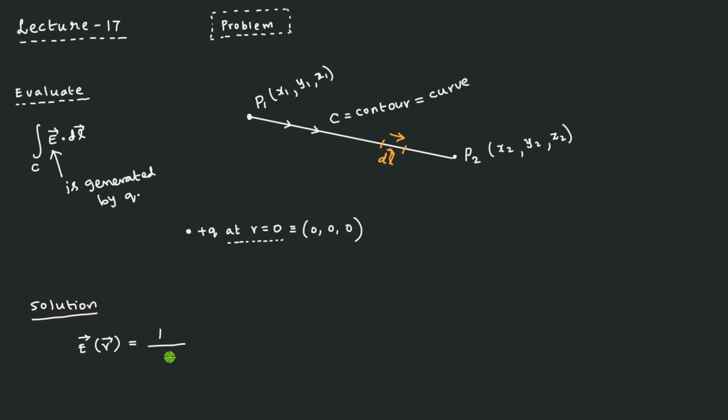If you have multiple charges, you may have to use the superposition principle, etc. In this case, you have only one charge. Therefore, the expression for the electric field is straightforward.